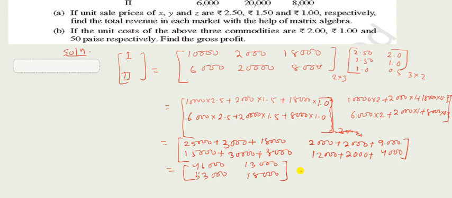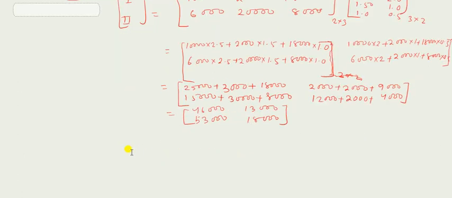So now let me see. Therefore, total revenue of market 1 will be equal to, case 1 it was 46,000 and case 2 it is 13,000.